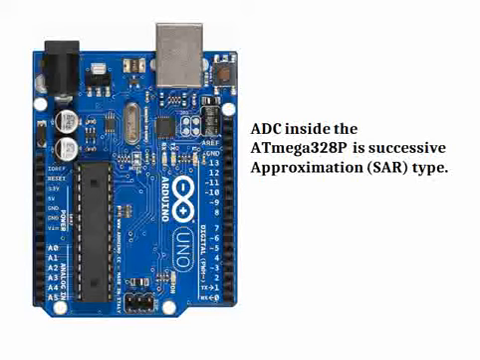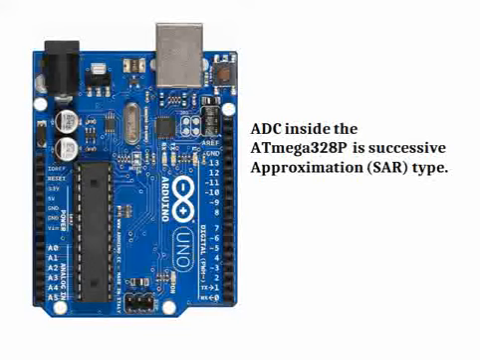So this analog needs to be converted to digital, which is done by the analog to digital converter present inside the ATmega328P microcontroller. And this ADC is a successive approximation type.